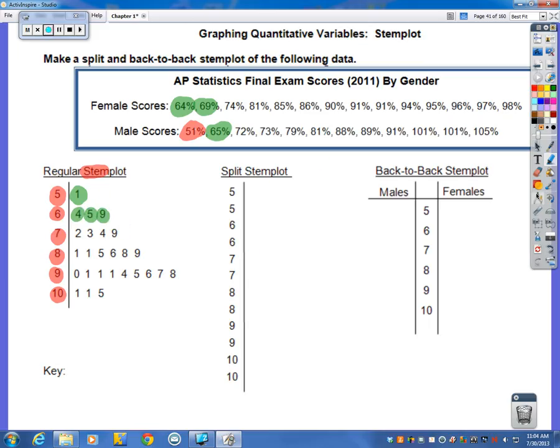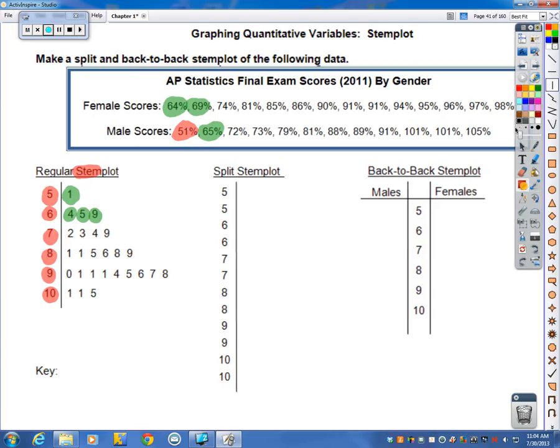And another thing to notice here is how I lined up the numbers. Notice these numbers are going in perfect columns here, which is very, very important. That maintains your shape if you want to look for a shape.